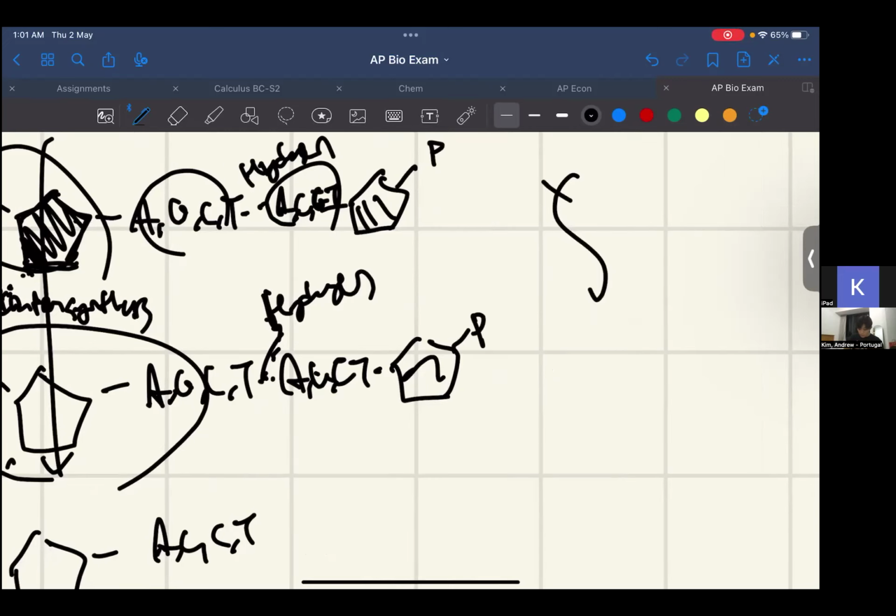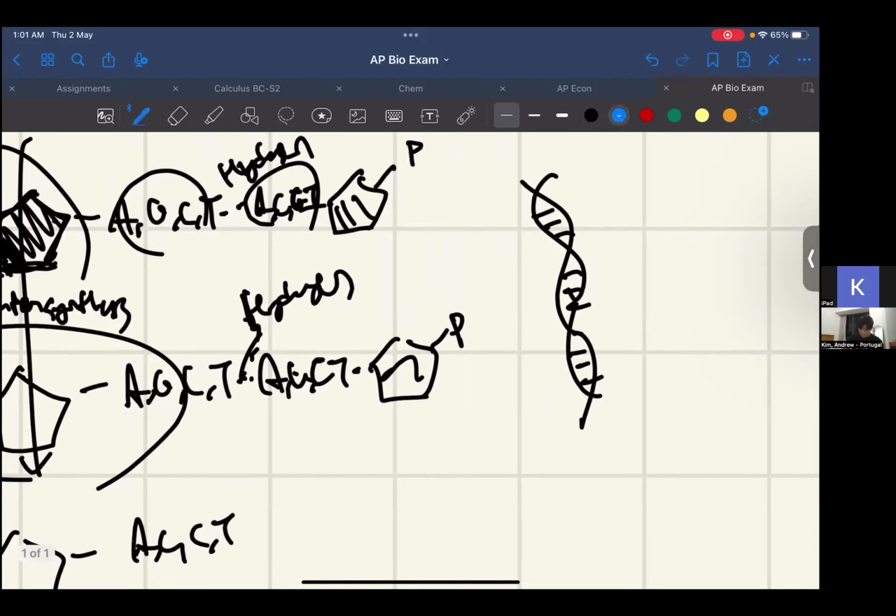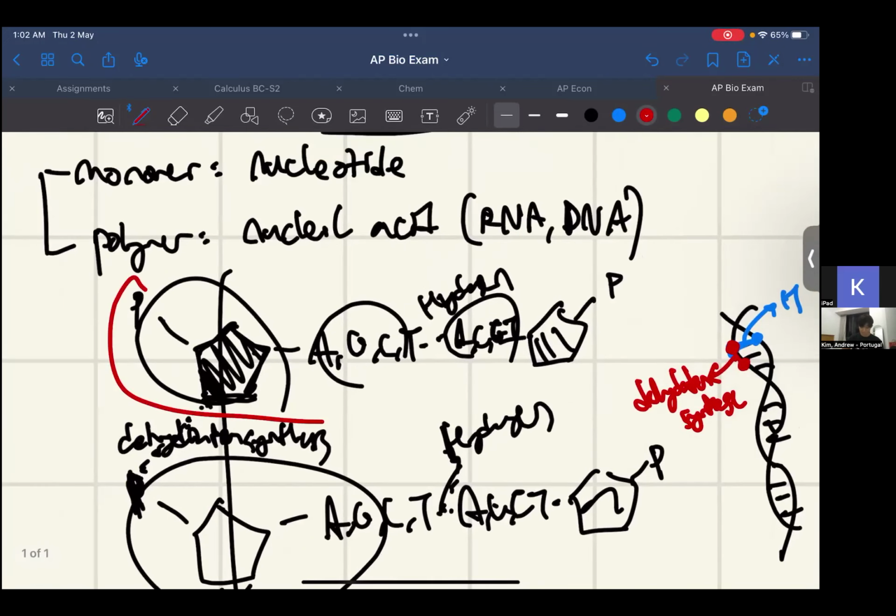So when you think about DNA, what I'm saying right now is that this base and this base are connected through H bonding, but this base and this monomer are connected through dehydration synthesis, okay? And how each base looks like is it looks like this, okay? So let's remember that.